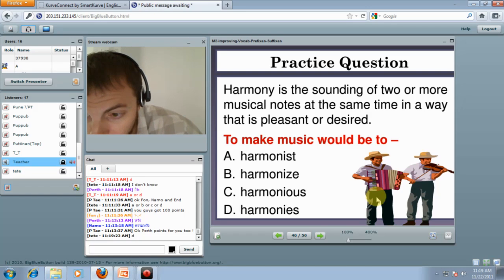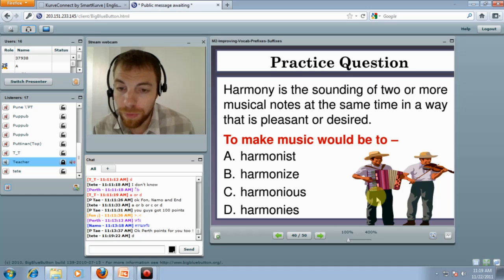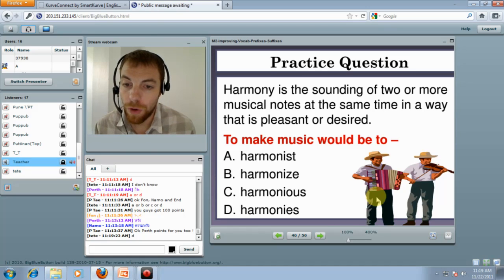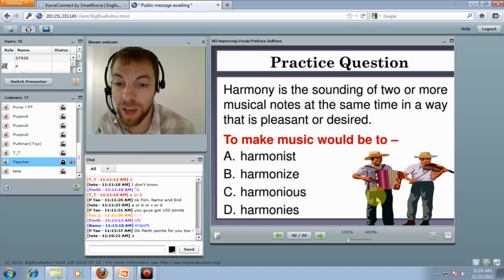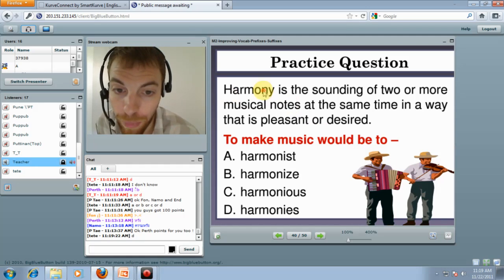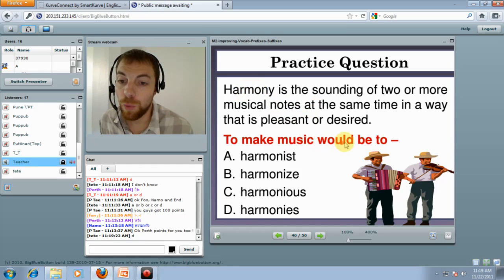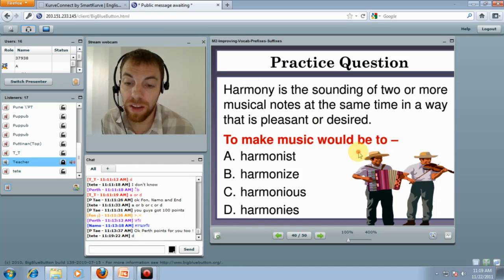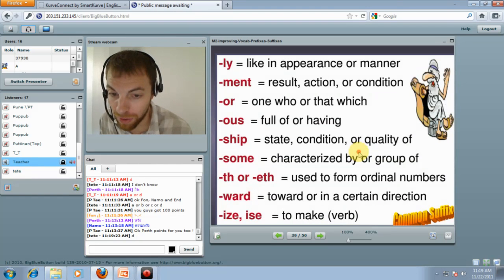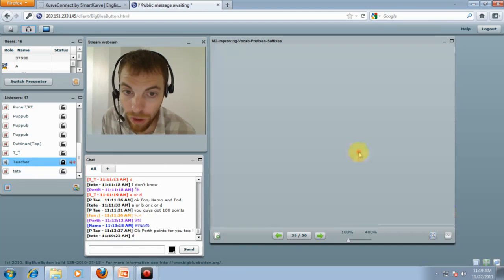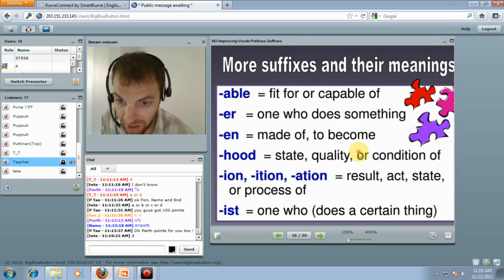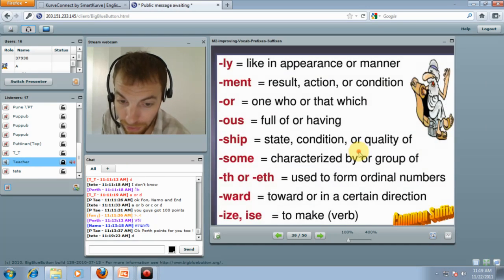To make music would be to. Alright, so we're going to use the base word, the root word, harmony. And what suffix can we add to make? Let's go back and look. What suffix here is to make something? None of these.